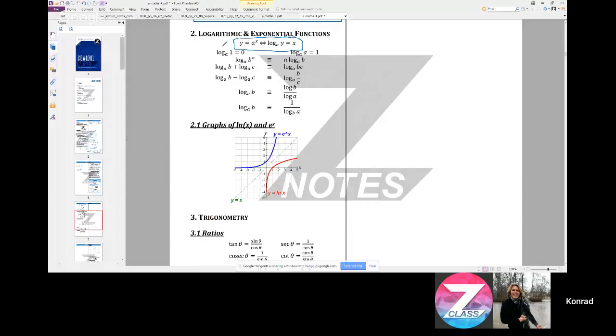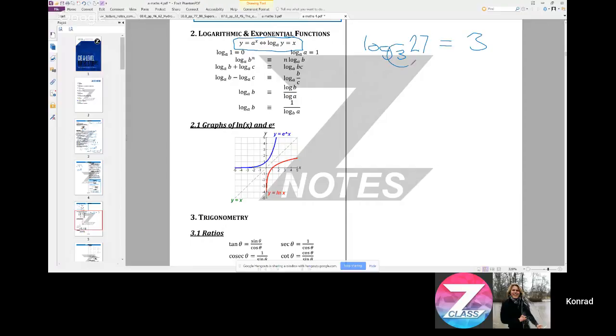So if I ask you, what power do I need to raise 3 to get 27? Niels, what is the answer to that? Wait, sorry, say that again. If I ask you, what power do I need to raise 3 to get 27? You need to raise it to 3. Yeah, just cube it. Yeah. And that's what we're doing here, right?